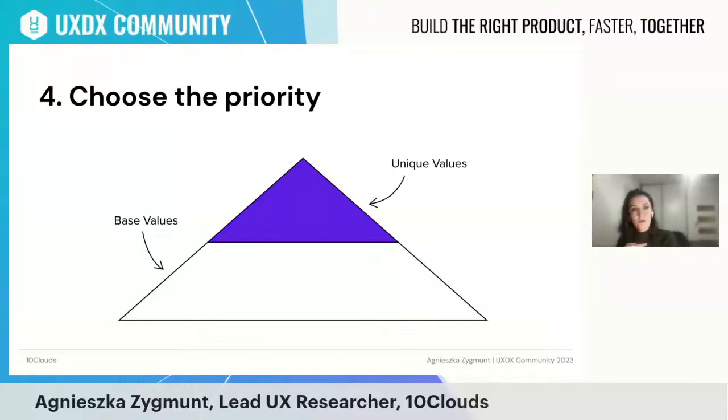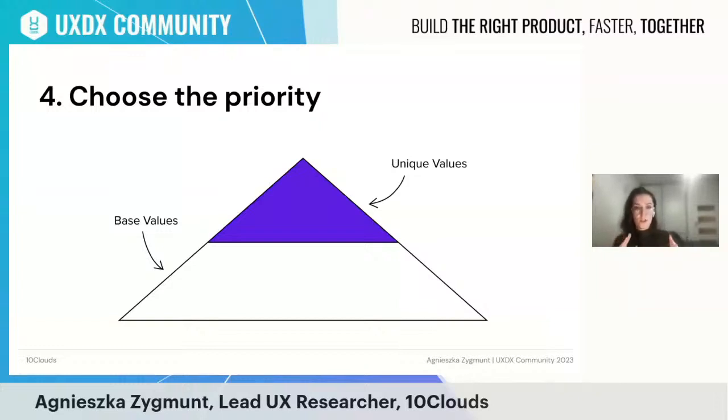But when we are talking about the values, the simple division is into base values and unique values. We all know about the unique values and that we need to have them, but we are not talking about the base values. It's the same as base features: if you have base values, probably the user will not notice, but if you don't have them, they will notice, because for them it's a must have in your solution.